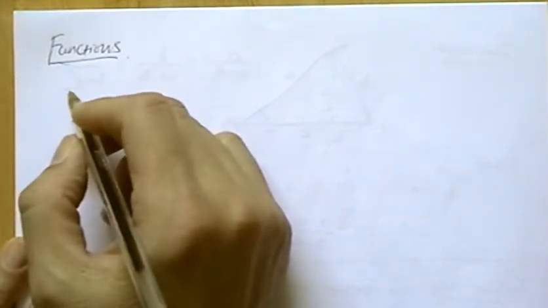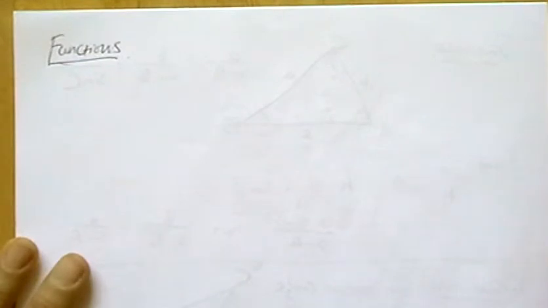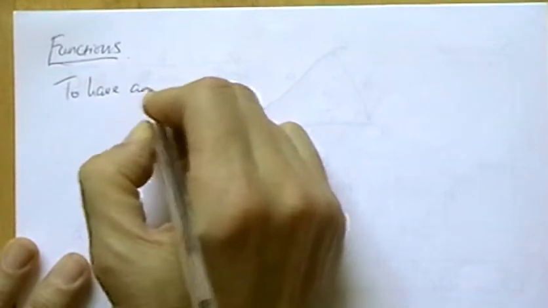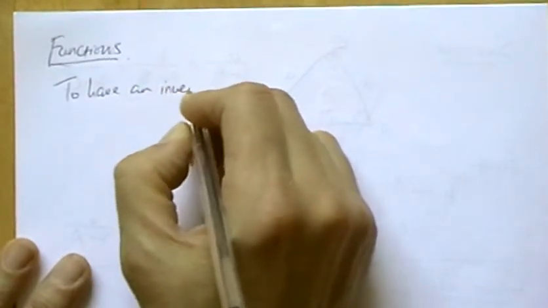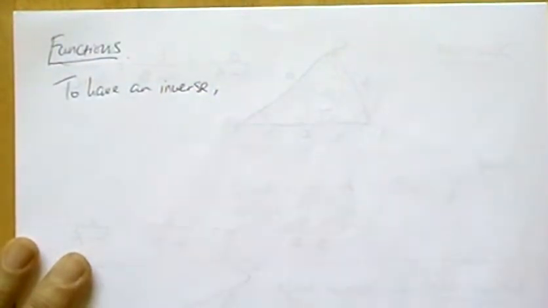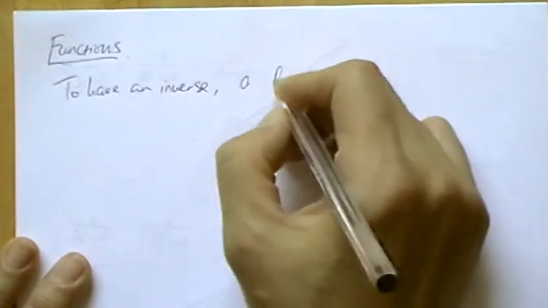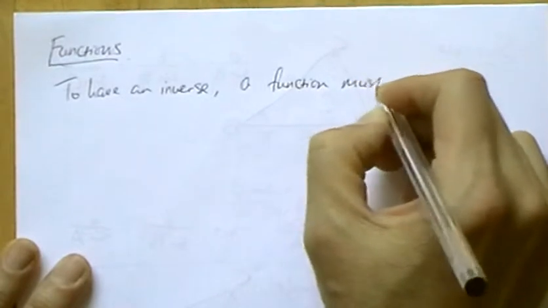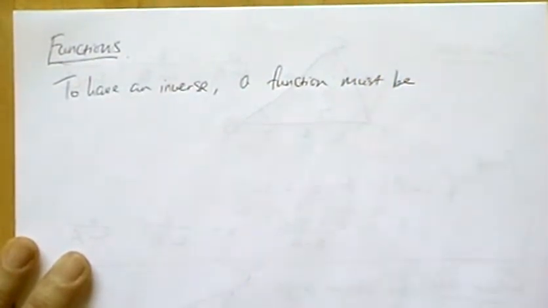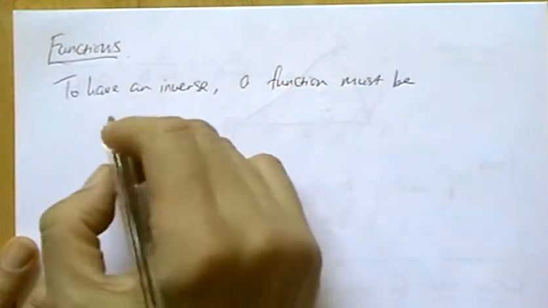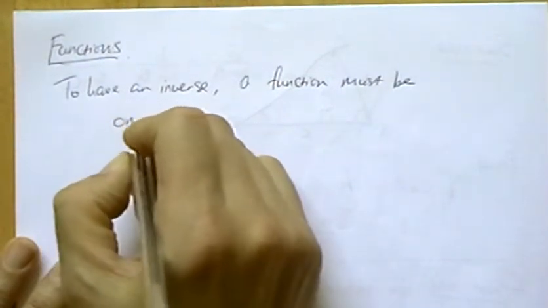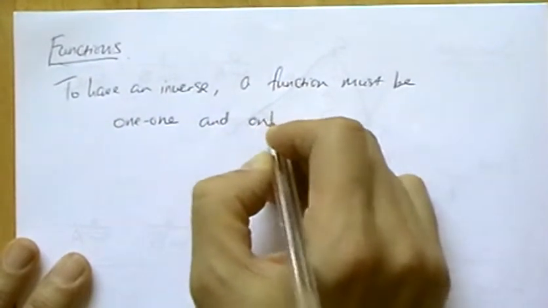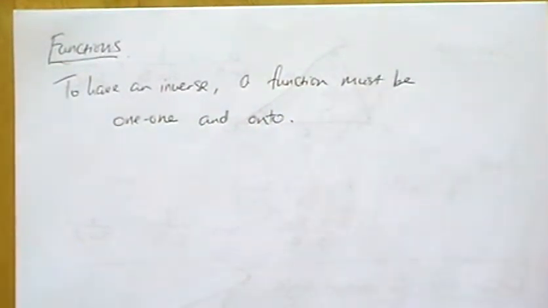Now I'm going to show that to have an inverse, a function must be 1, 1 and onto.